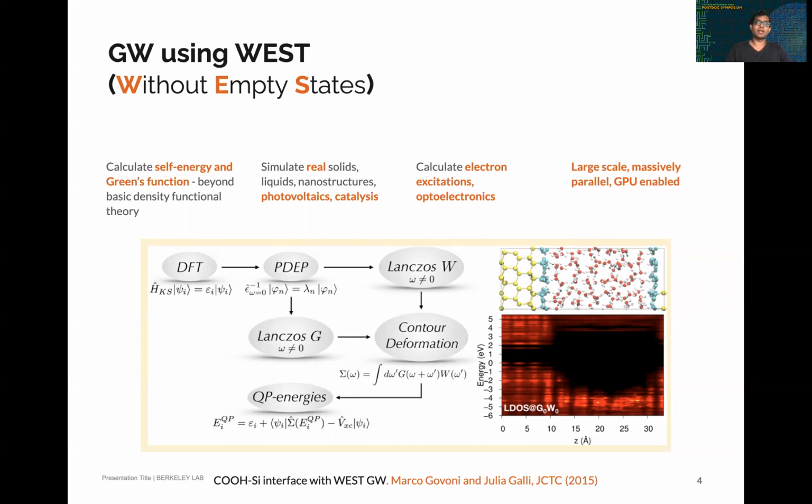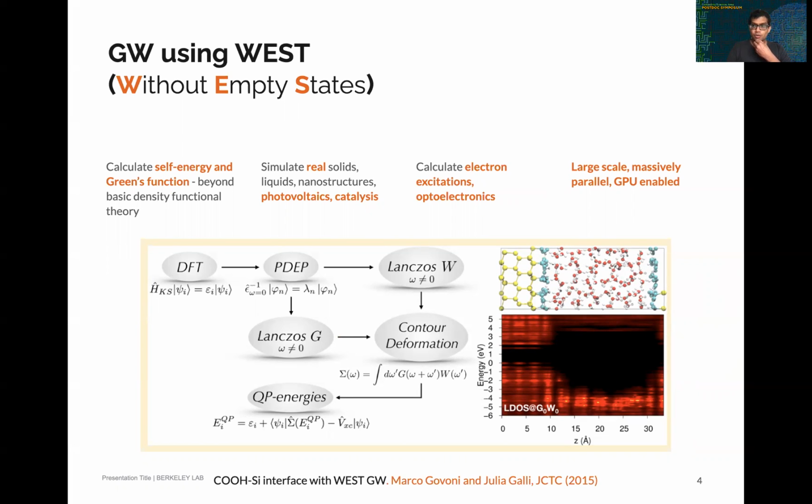It tells you what the electronic states and absorption energies and excitation energies of an interacting system are. The result on the right is the local density of states of a fairly complicated interface done with WEST GW. And it's remarkable what it can produce for a system that's fairly large and fairly real.